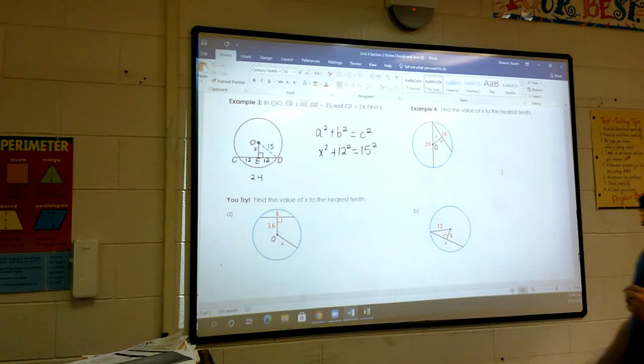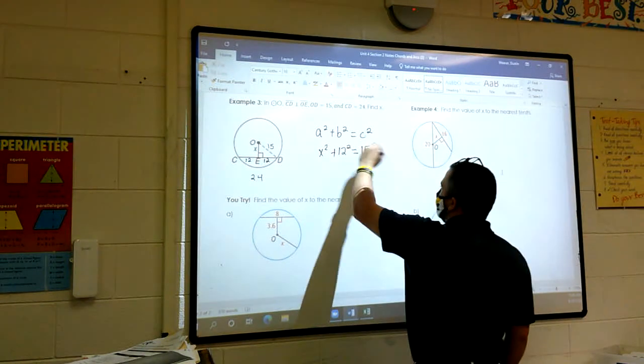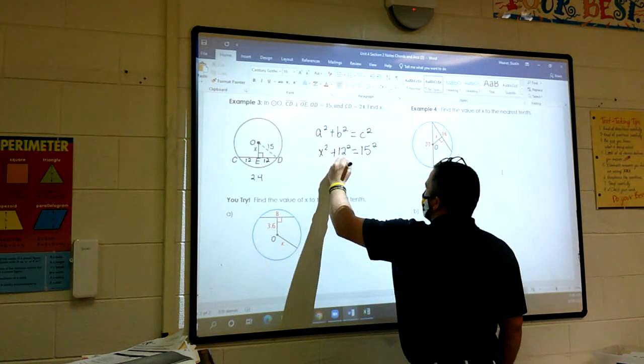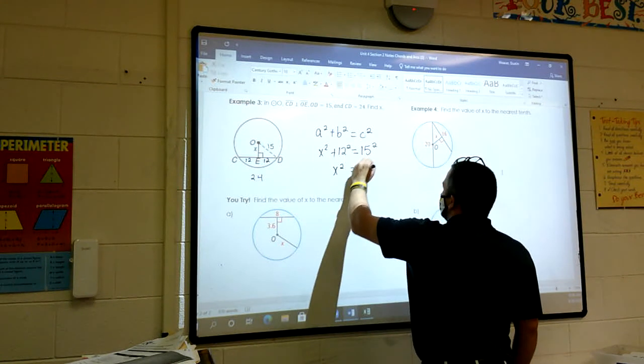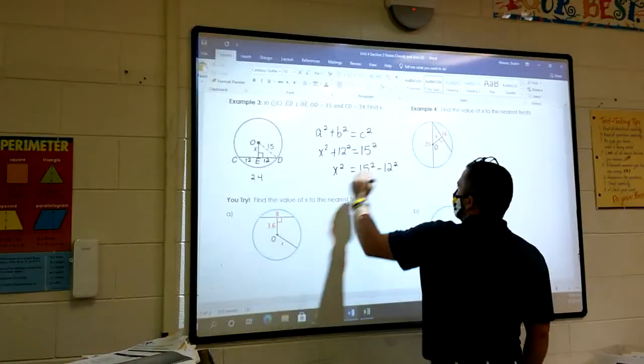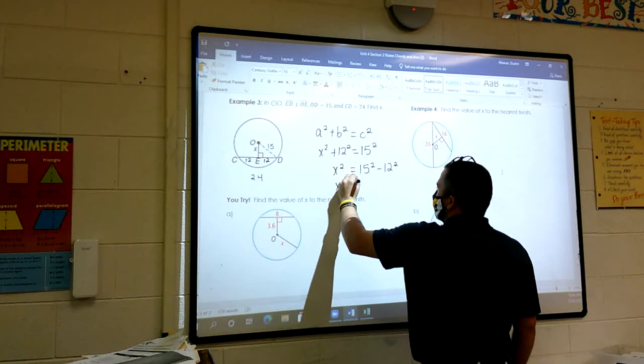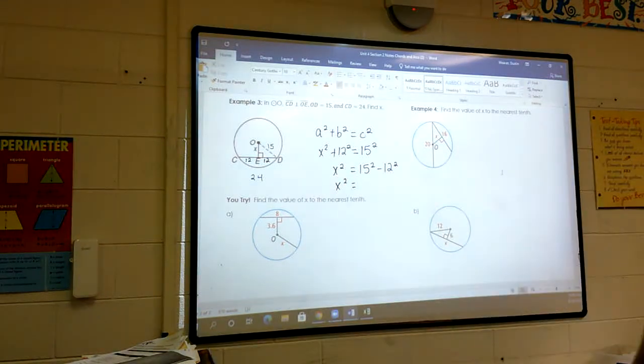So we're missing one side, one of the legs of the right triangle. So we're going to move the 12 squared over. So x squared equals 15 squared minus 12 squared. So we got to go to the calculator, put in 15 squared minus 12 squared. See what you get. 81. Good.